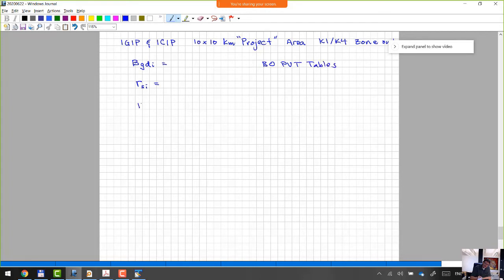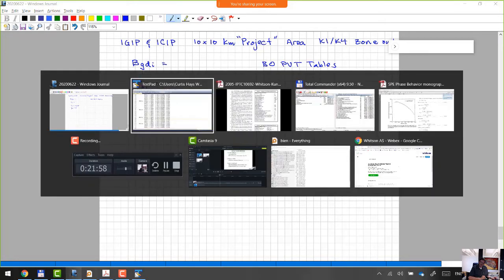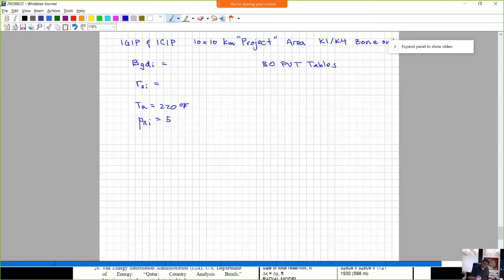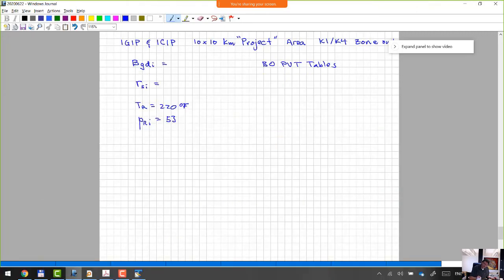And it needs to be at, I think this is 220 Fahrenheit, and initial reservoir pressure of 5315 PSIA.